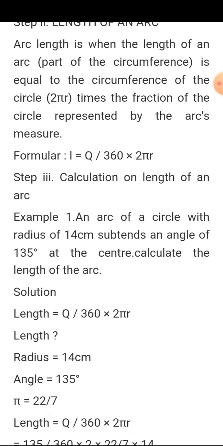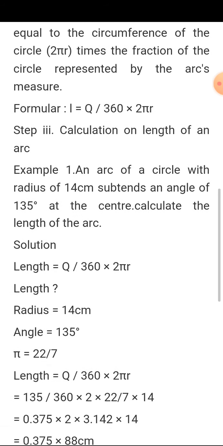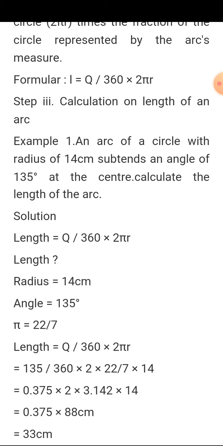Step 3. Calculation on length of an arc. Example 1. An arc of a circle with radius of 14 cm subtends an angle of 135 degrees at the center.